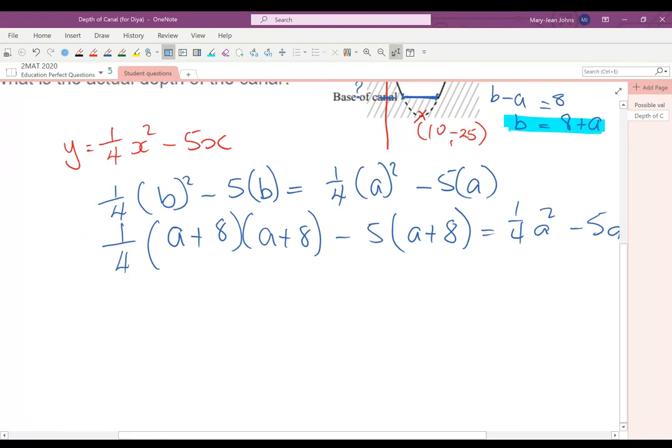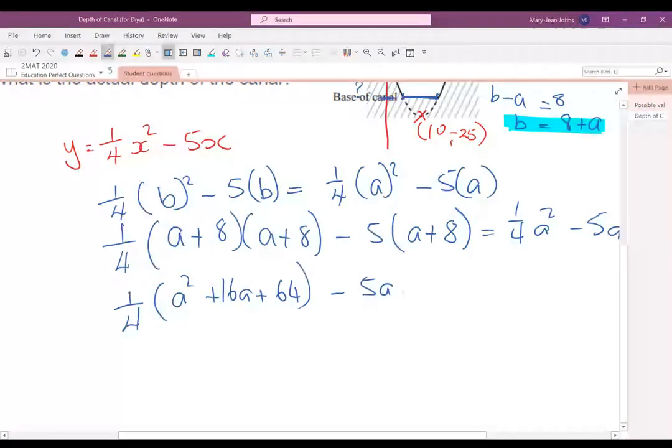Let's expand this quadratic, giving me a quarter. A times A is A squared. A times 8 is 8A plus another 8A gives me 16A, plus 8 times 8 is 64. Minus 5 times A is 5A. Minus 5 times 8 is minus 40. Equals, again, my quarter, A squared minus 5A.